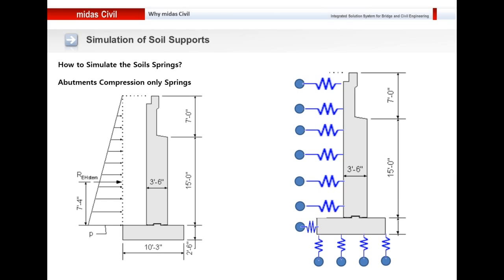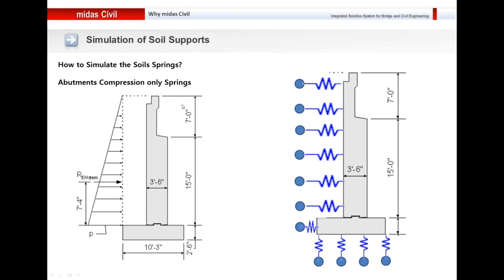Now, let us first understand how we can simulate the soil supports in abutments. If you see any abutment, whether it is an integral abutment bridge or it is just a simple abutment where the bridge superstructure rests on the top of it through bearings, in any type of abutment system, you will see that there is a soil mass behind the abutment, and this soil mass applies some sort of trapezoidal load onto the abutment, and on the other face of the abutment it has nothing.